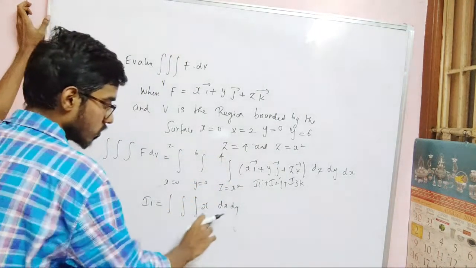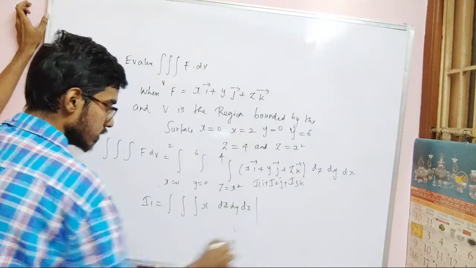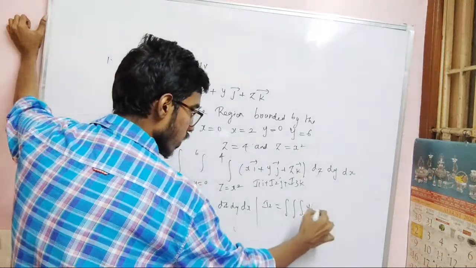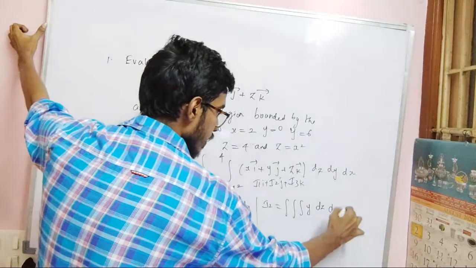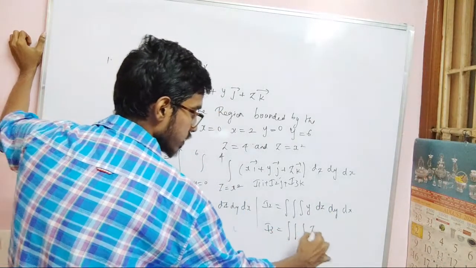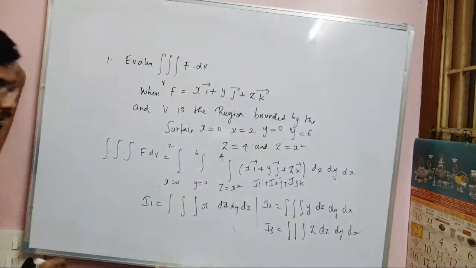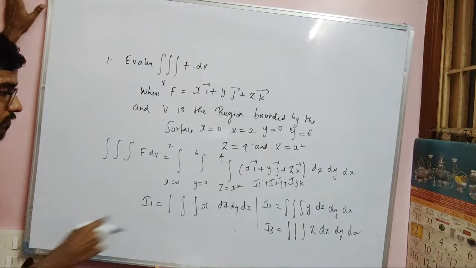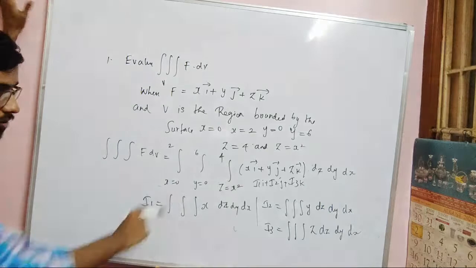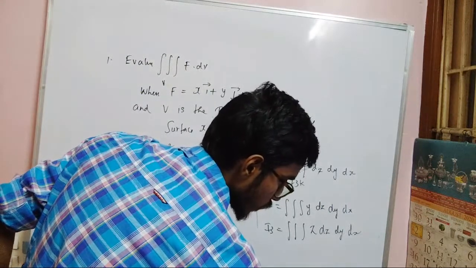I1 is the triple integral of x dz dy dx, I2 is the triple integral of y dz dy dx, and I3 is the triple integral of z dz dy dx. The limits are the same: 0 to 2, 0 to 6, x square to 4.